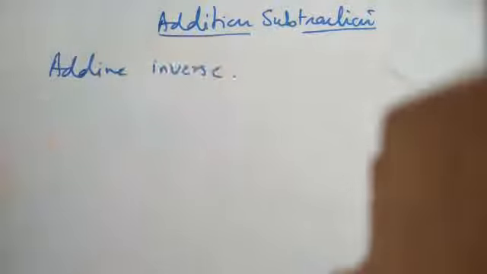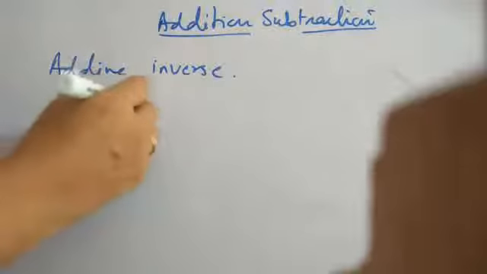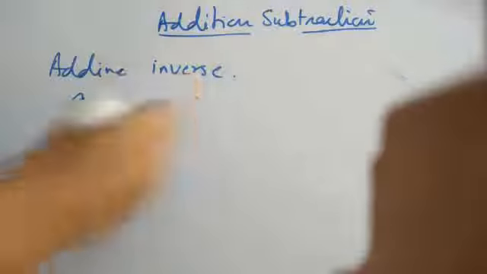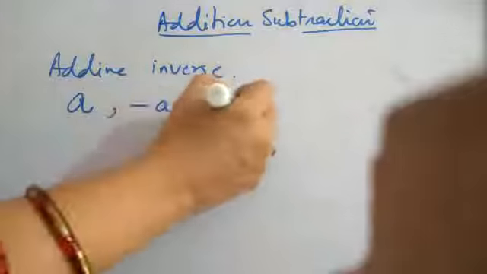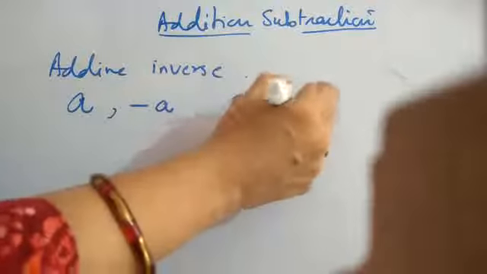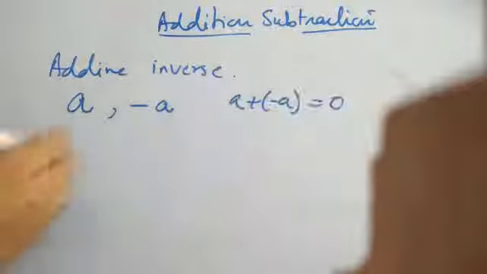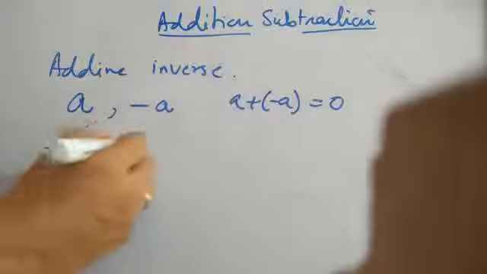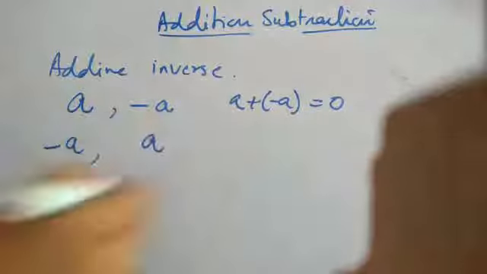The additive inverse of a number is that number which when added to the number gives you 0. Suppose you have a number a, then its additive inverse is minus a, so that when you add a to minus a, you get 0. If you have the number minus a, its additive inverse is a.